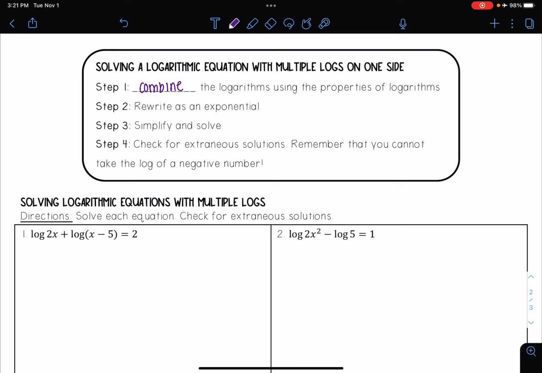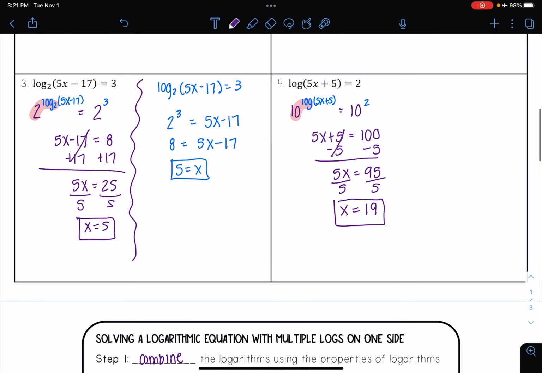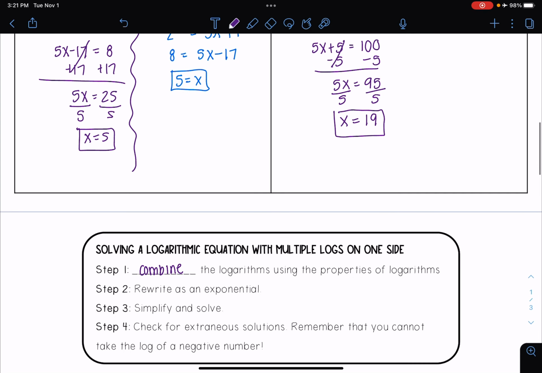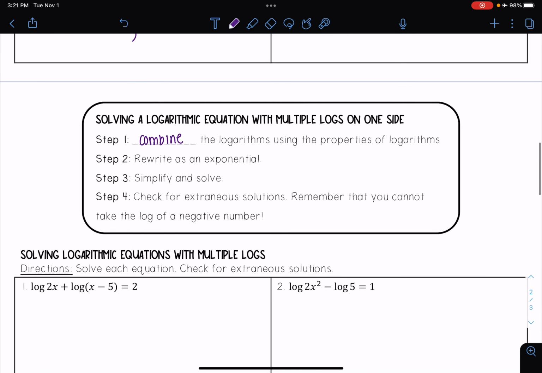Step 2 is to rewrite as an exponential if you want to go through that method on the blue, or if you want to use the purple method, you can take the common log. Step 3, simplify and solve, and then step 4, we're going to check for extraneous solutions.